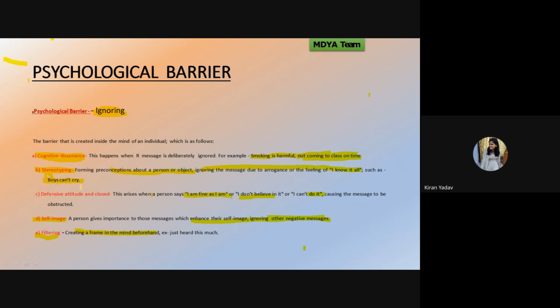As I gave the example, if your friend cries because he's sad and wants to express his feelings, but you don't let him express himself fully because you believe that boys don't cry, this will be a barrier in communication. Did you understand? Yes, ma'am. Okay.